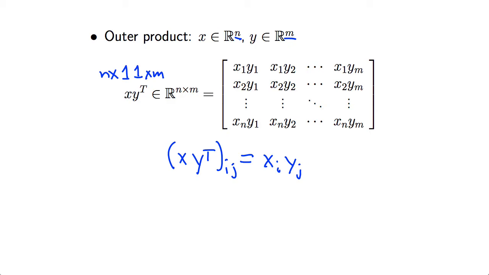So unlike in the inner product, where we only multiply together corresponding elements of the vector, which required, of course, the vectors to be the same size, in the outer product, we have all possible combinations xi and yj for i equals 1 to n, and j equals 1 to m.